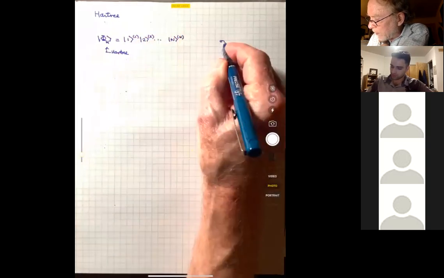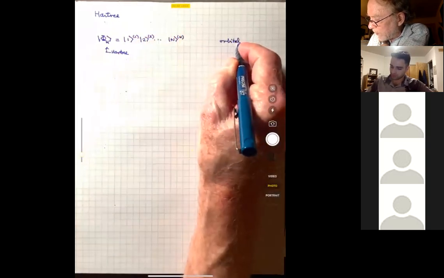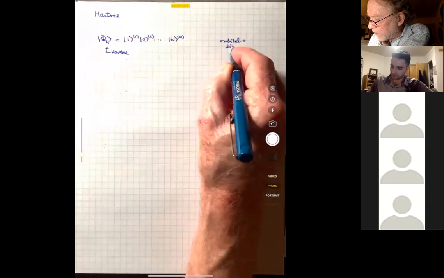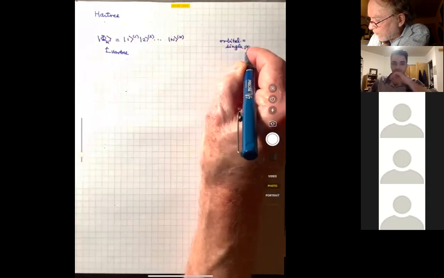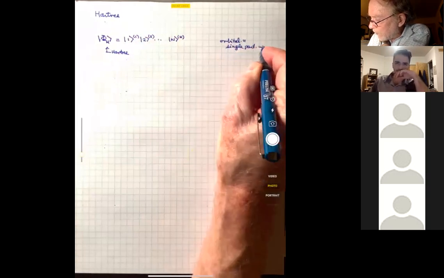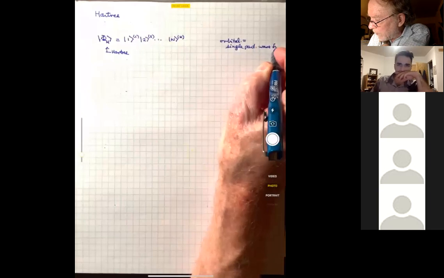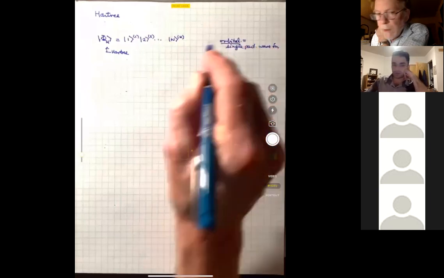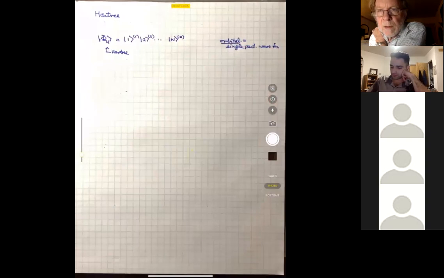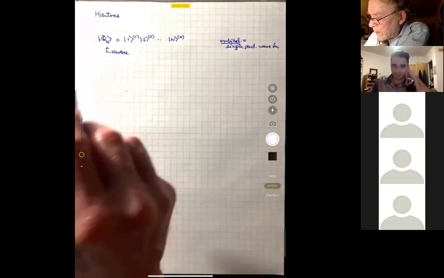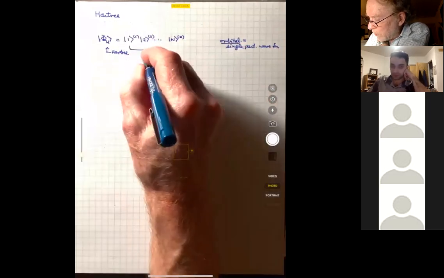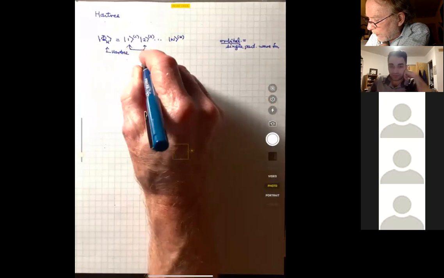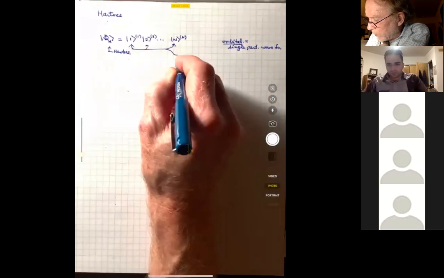Now the word orbital here has a meaning. An orbital is a single particle wave function. And that's the definition of it that we'll use here. It may or may not include the spin. It depends on what we want to do, but it's always a single particle wave function. So this 1 and 2 here and n here and so on, these are the orbitals.